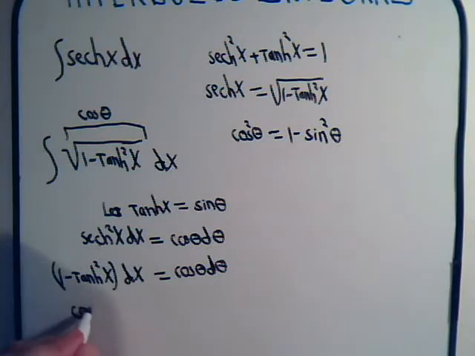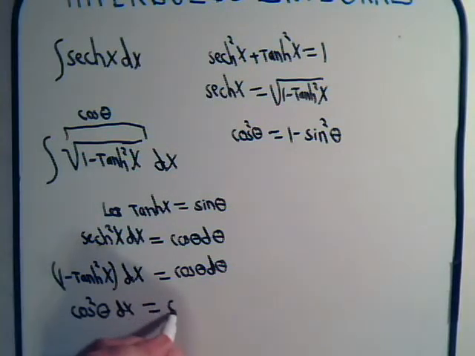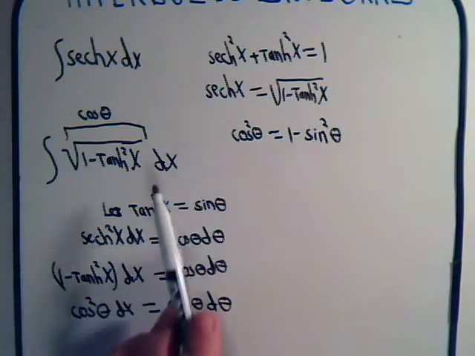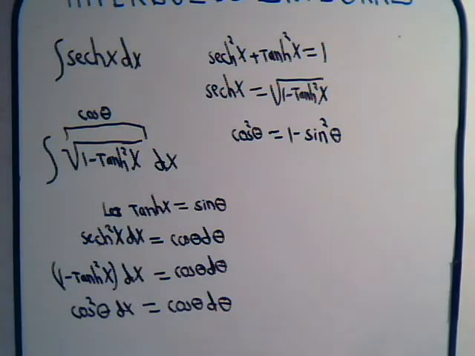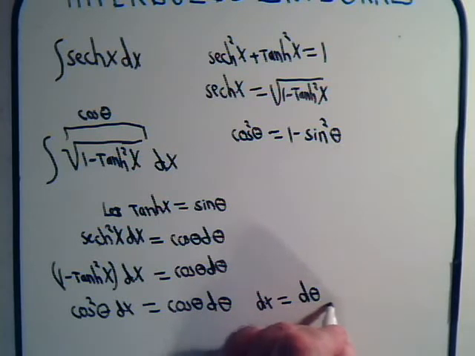So we have the cosine squared of theta times dx equals the cosine of theta d theta. And since we're making a substitution in terms of theta, we want dx expressed in terms of theta. So dx, dividing both sides, equals d theta divided by the cosine of theta.